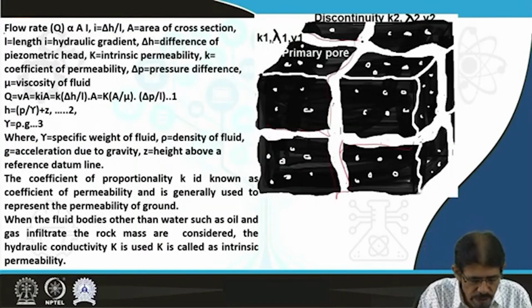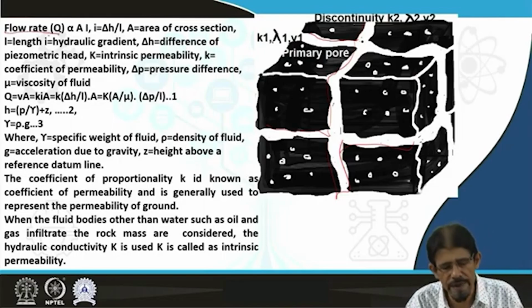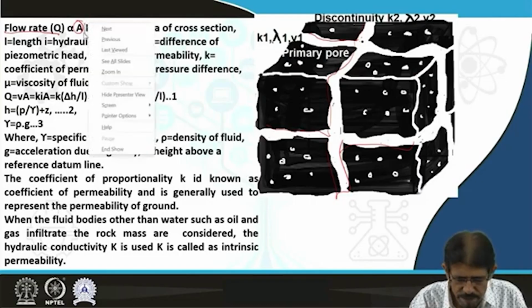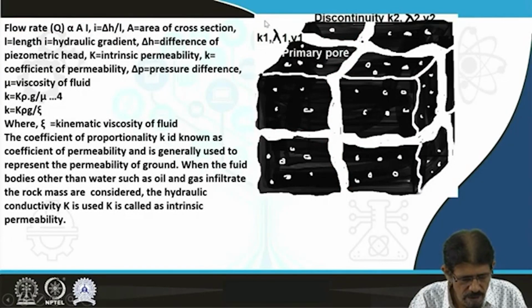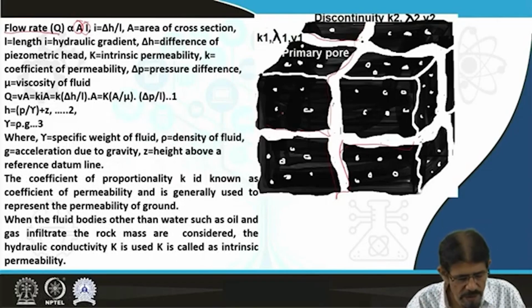In general, the flow rate of a fluid like gas is directly proportional to the area of cross section, the length of the formation, and the hydraulic gradient.